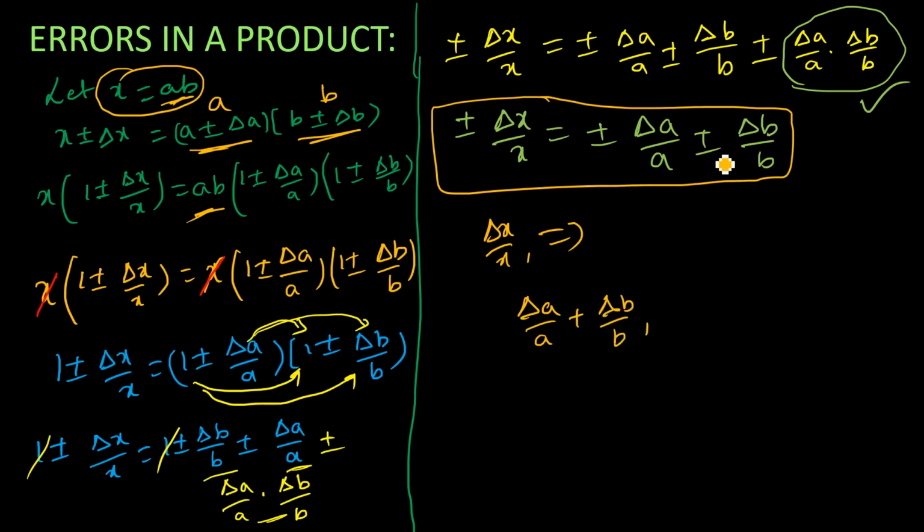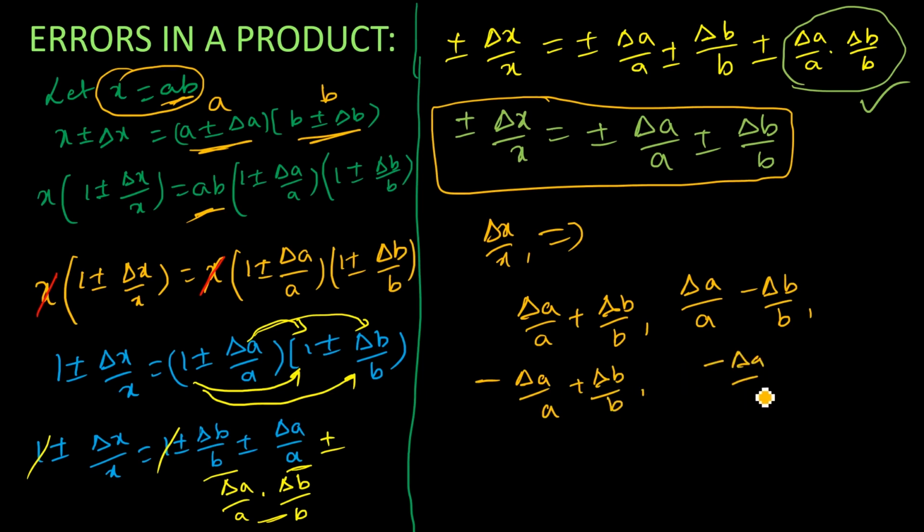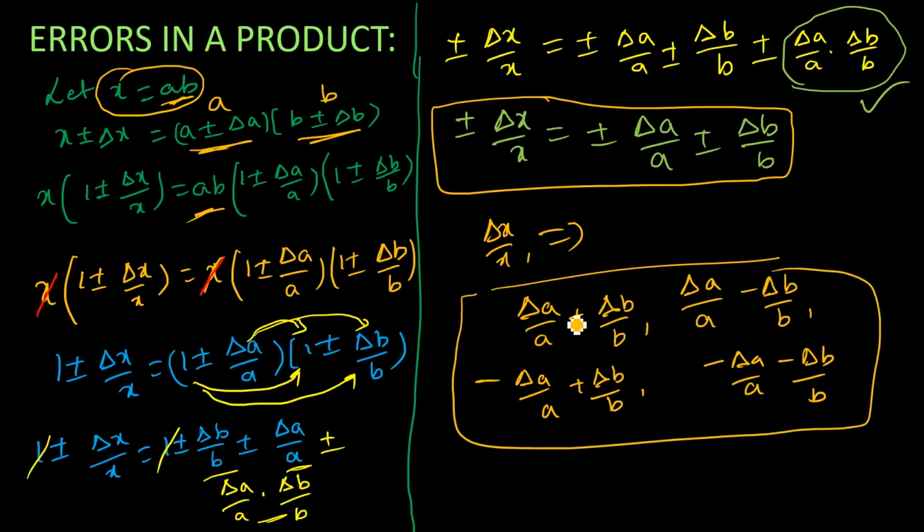First we take plus, then minus, plus, like that. Delta a by a minus delta b by b; minus of delta a by a plus delta b by b; and minus delta a by a minus delta b by b. So these are the possible values of delta x by x.